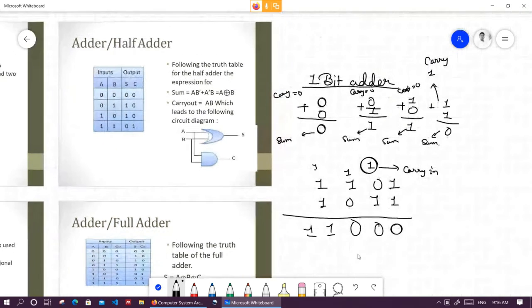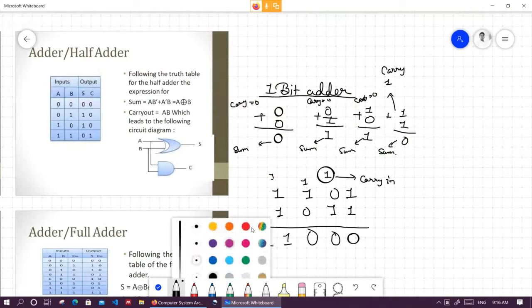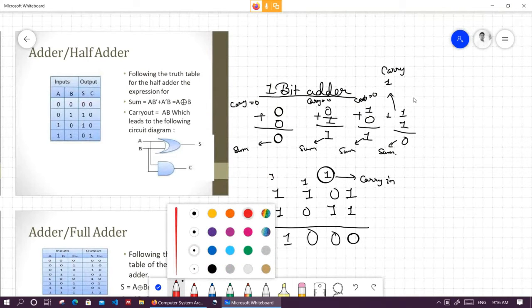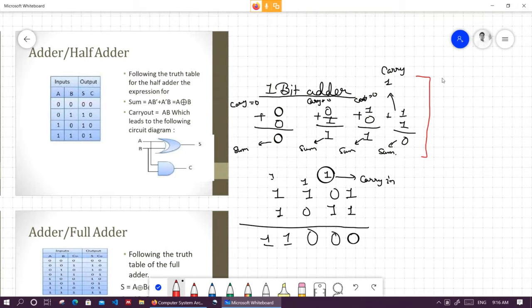So in the previous example that we took, this will be known as a half adder, because we are not considering the carry in.